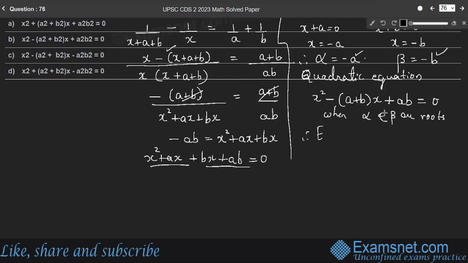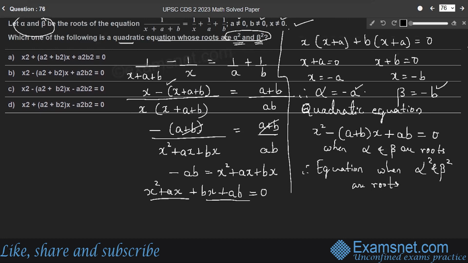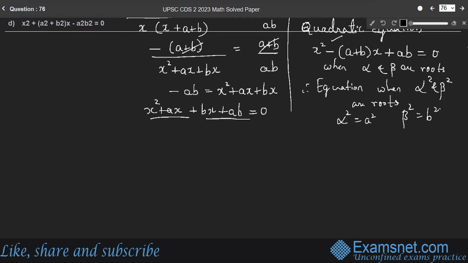So we just have to replace a and b by a square and b square, because alpha square is a square, beta square is b square. But there will not be any change in the negative sign. So we are just changing a and b to a square and b square.